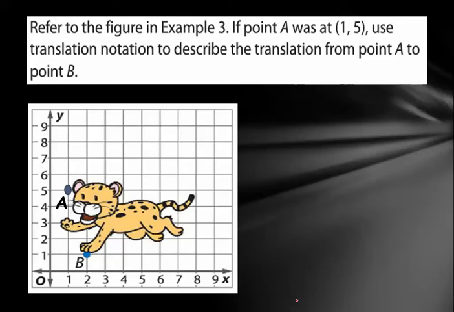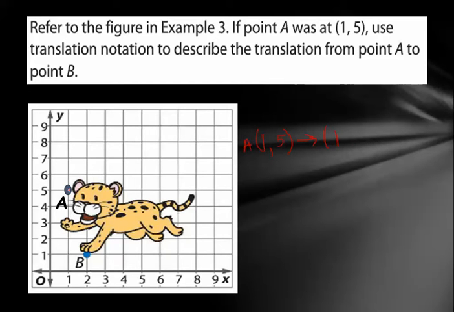So translation notation states we started here. A was at (1, 5), and we had to translate that, starting from 1, and then did something.